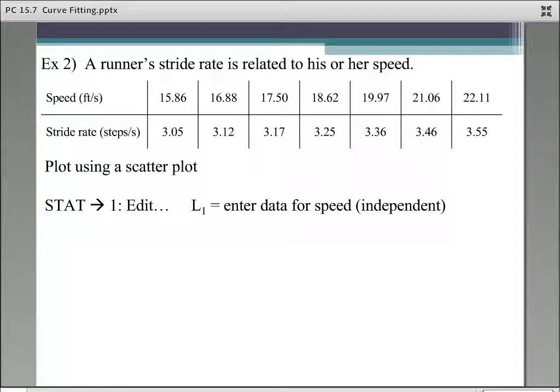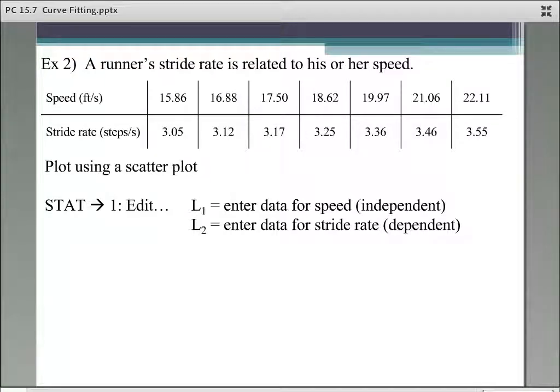Under L1, you're going to enter the speed, which was our independent variable. So enter each of the values, the 15.86 under L1, 16.88, and hit enter in between each of them. Then arrow over to L2, and under L2 put in all of the data for the stride rate.